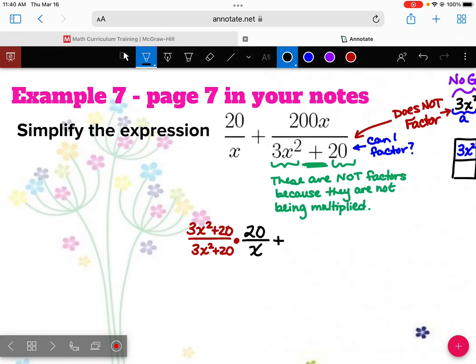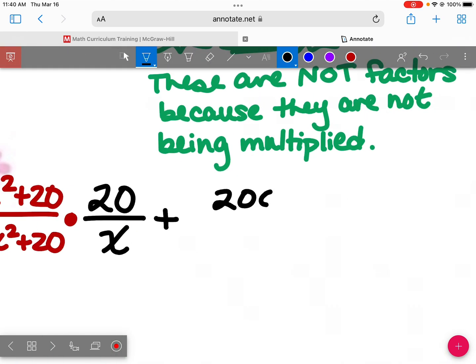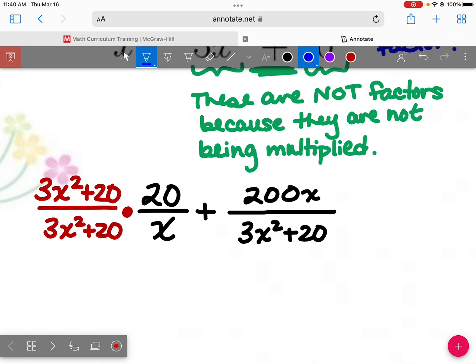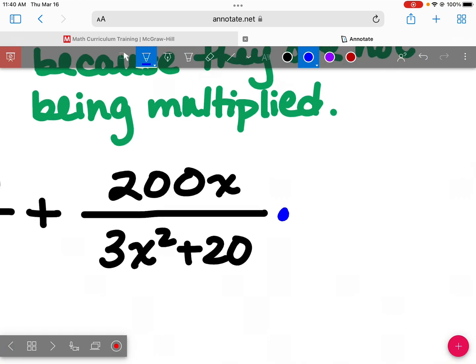I take the second fraction and multiply it top and bottom by what? By the other denominator. What was the other denominator? Just x. Yep.